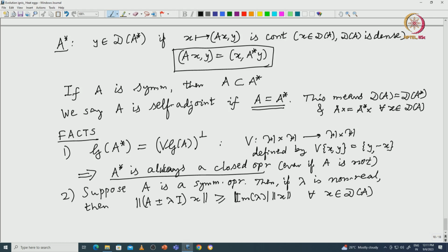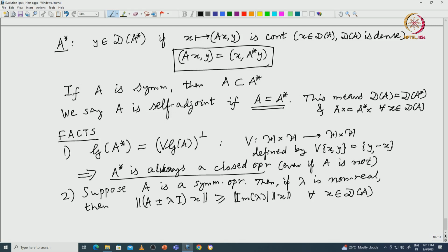Okay, so this is a straightforward computation you can do. So this immediately says that this operator A plus or minus lambda I, whenever lambda is non-real, is one-one, but it may not be onto. Okay, so that's where the trouble comes.